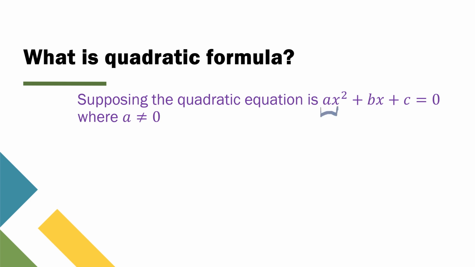If a is equal to 0, 0 times x squared will give you 0. So you will have 0 plus bx plus c equals 0, which is just bx plus c equals 0. And you end up getting a linear equation, which is no longer quadratic. Therefore, there is this condition here that we need to take note of, that a cannot be equal to 0.